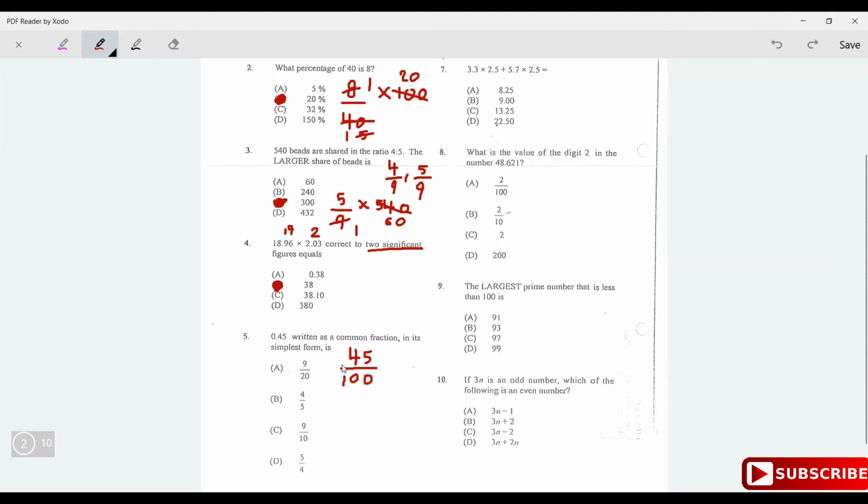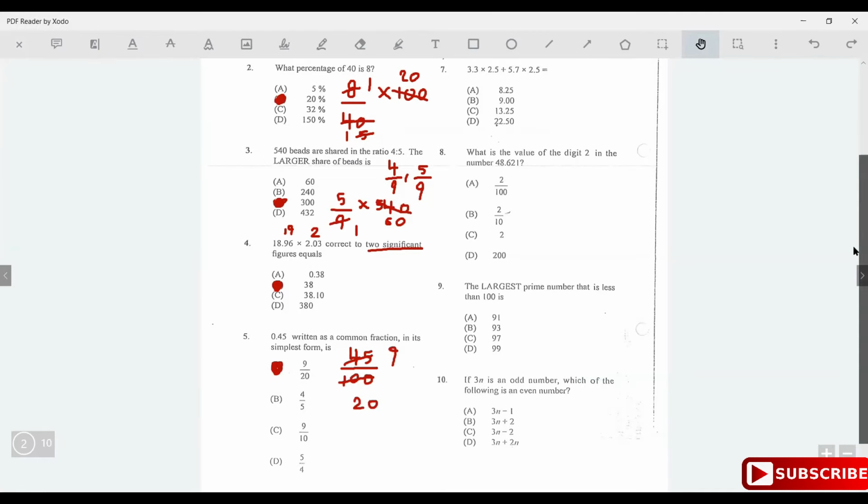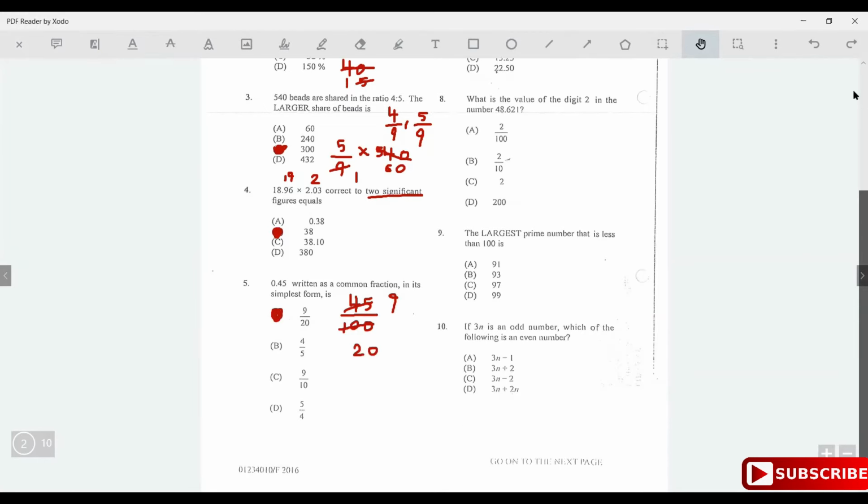So we realize we can divide this by 5. 45 into 45 goes 9 times. 5 into 100 goes 20 times. And so we get 9 over 20, which is option A. Nice and easy.